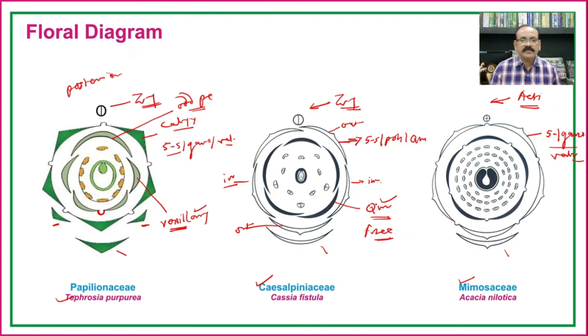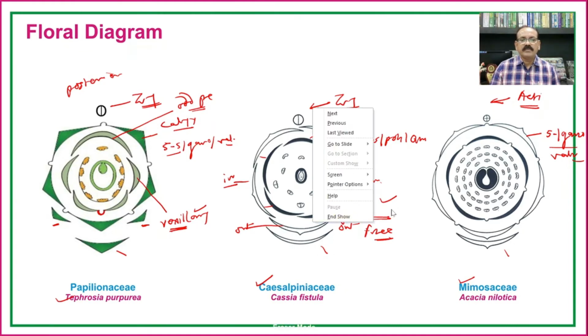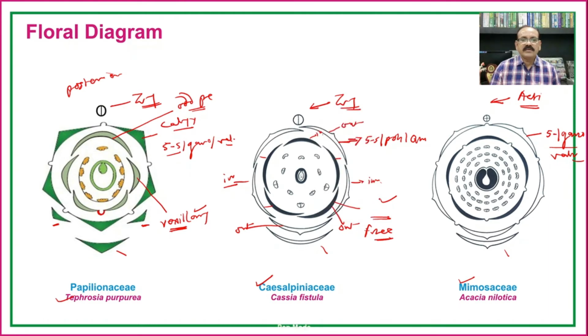Sorry, not quincuncial. Here there is a presence of one outer and one inner, and the rest of the three are alternate, and hence instead of quincuncial, the arrangement of the petal is imbricate.